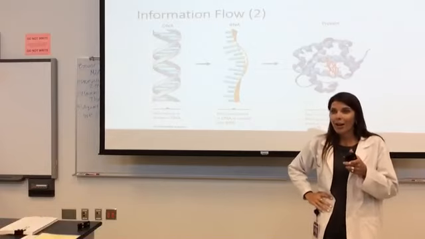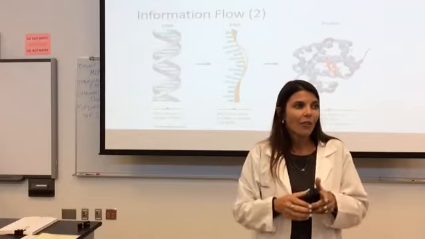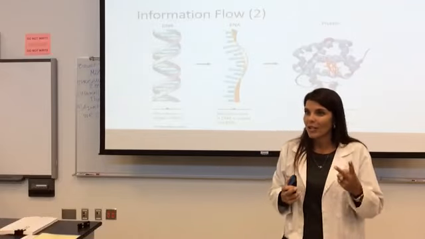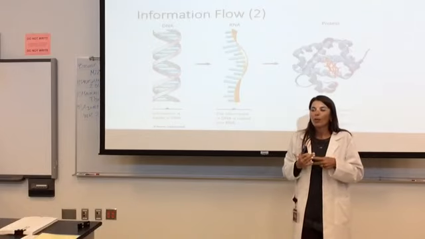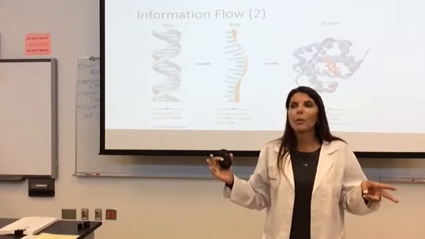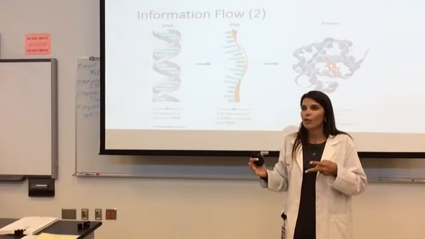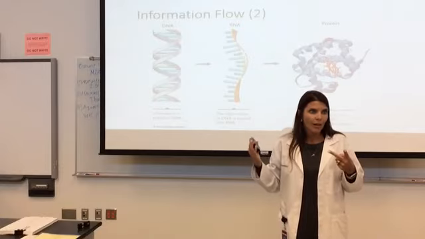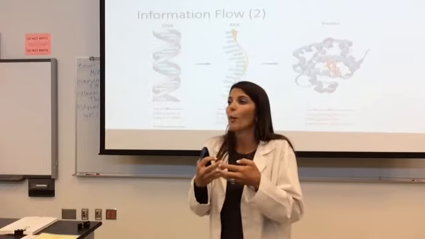First key concept in biology. The only thing random in biology is mutations and crossing over. So a mutation is just a random change, and crossing over is when gametes are made. Gametes are your sperm and egg.